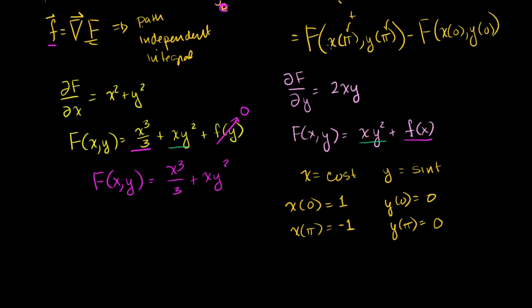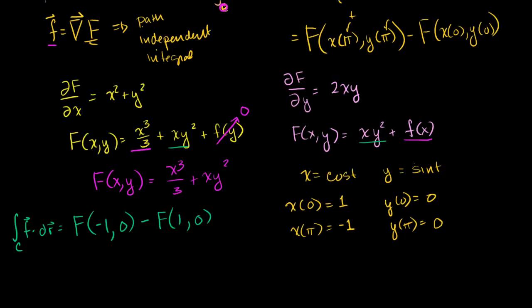So let me rewrite this. Our integral along that path of f dot dr is going to be equal to capital F of x of pi, which is minus 1, y of pi, which is equal to 0, minus capital F of x of 0, which is 1, comma, y of 0, which is 0.